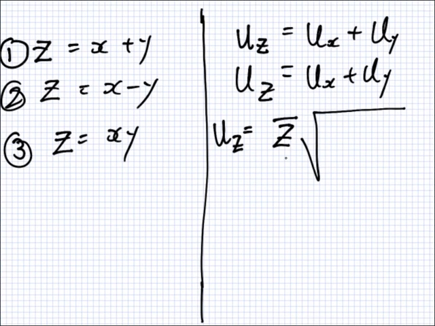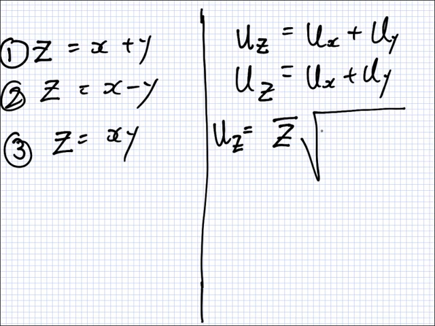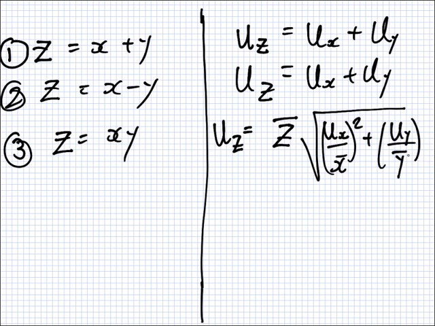Now, you must have done this one with Lorraine. You must have. The uncertainty in x over the average of x, squared, plus the uncertainty in y over the average of y, squared. Right?